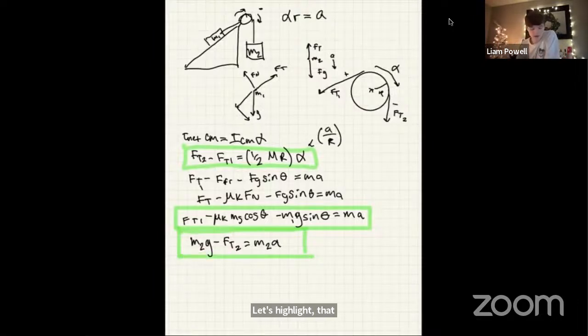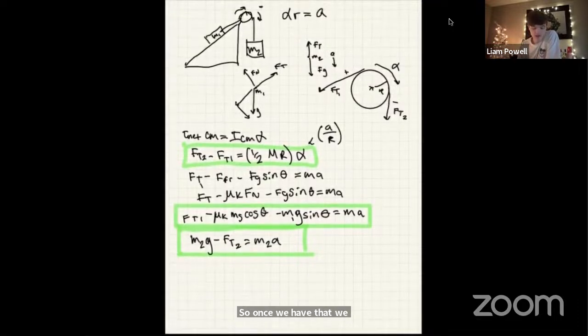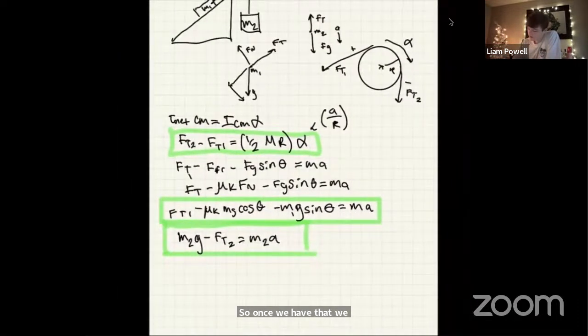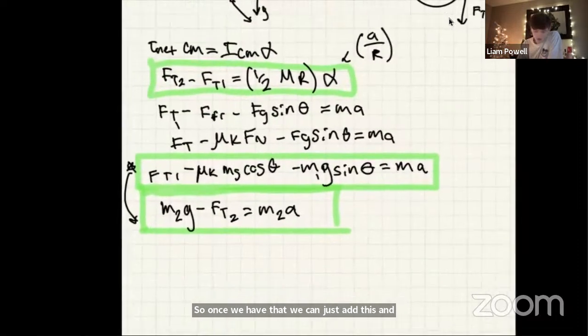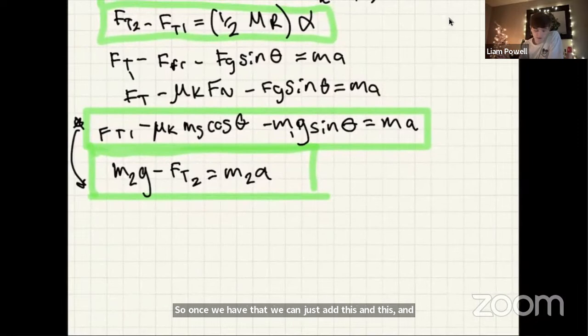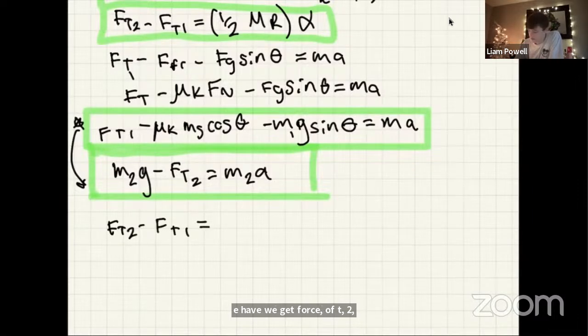Once we have that, we can just add this and this. And once we do that, we get force of T2 minus force of T1 is equal to 1/2 mass times acceleration.